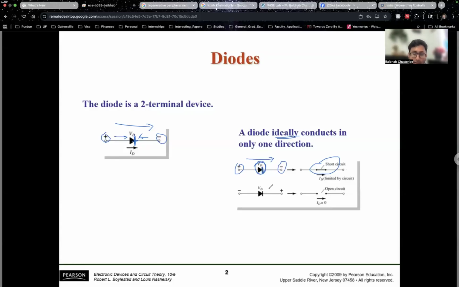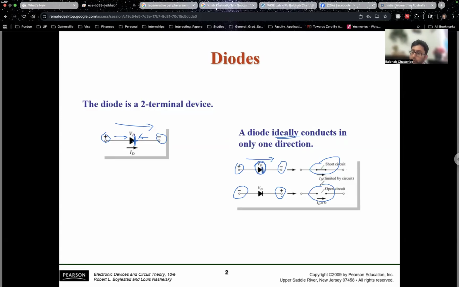Forward biasing means the diode will be operating correctly. On the other hand, in the other scenario, when you have a higher voltage connected to the negative terminal, the cathode, and a lower voltage connected to the positive terminal, the anode, the diode acts as an open circuit.